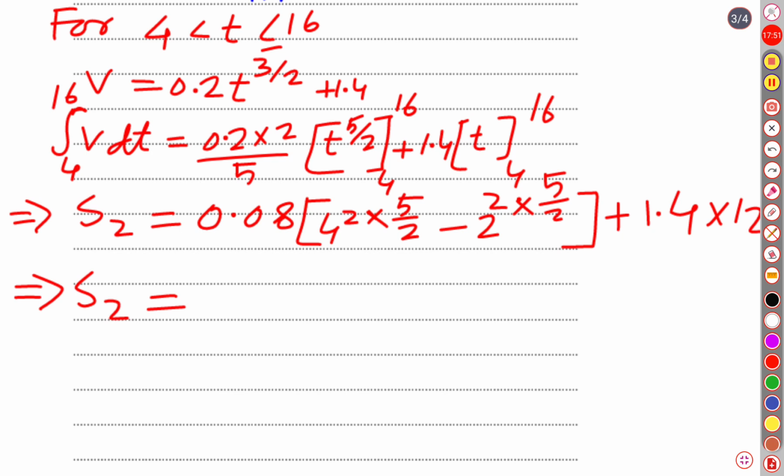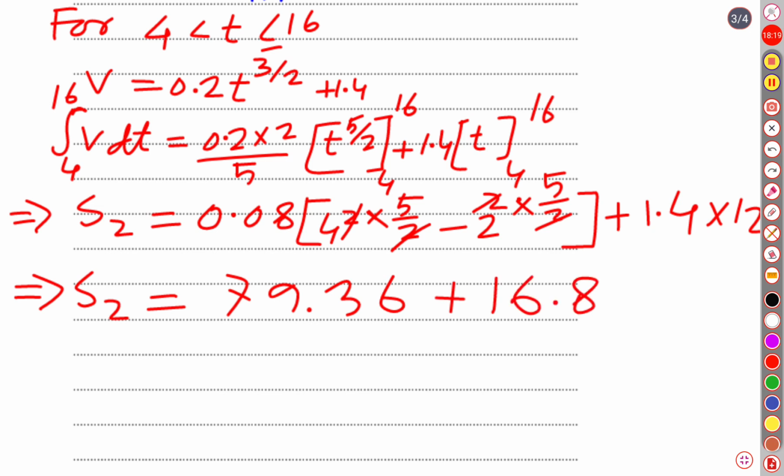We can use our calculator directly. So it is 0.08 into 4 raised to 5 minus 2 raised to 5, plus 1.4 into 12. The first quantity is 79.36, plus 1.4 times 12 is 16.8.